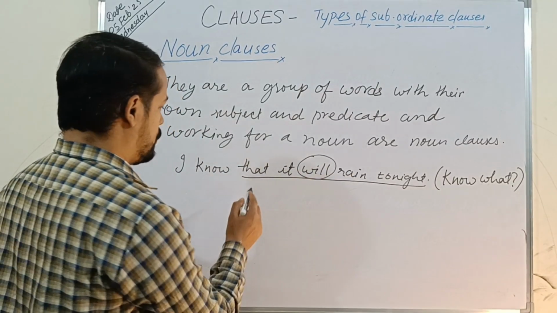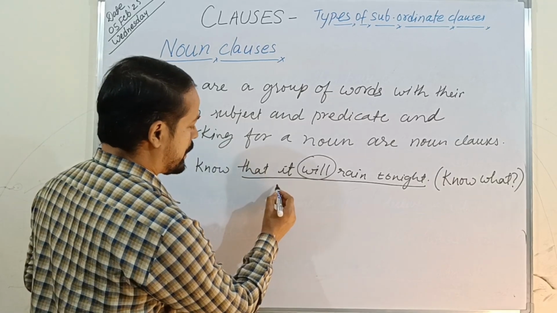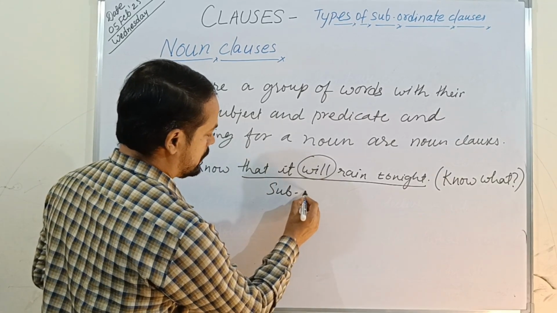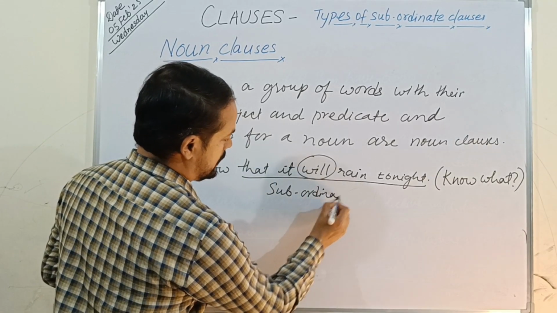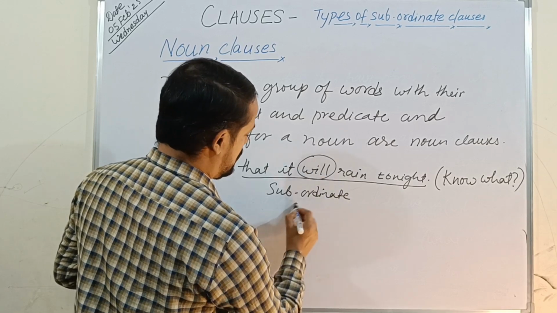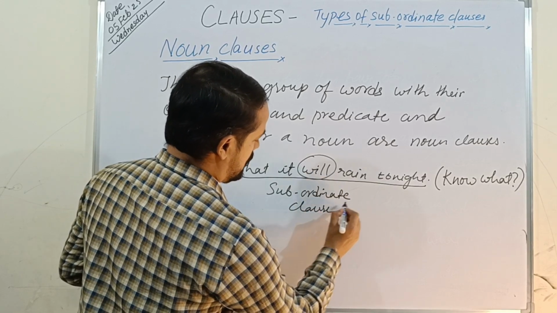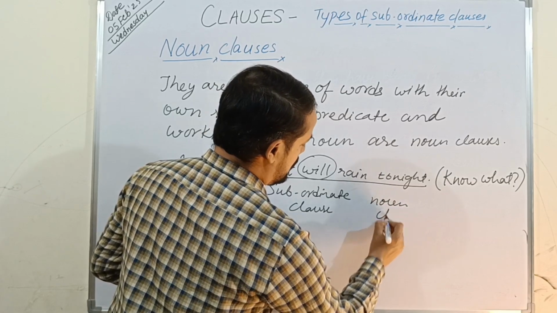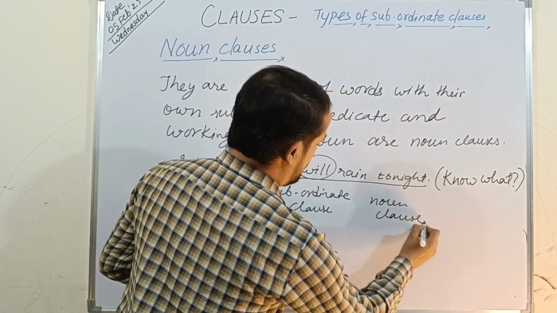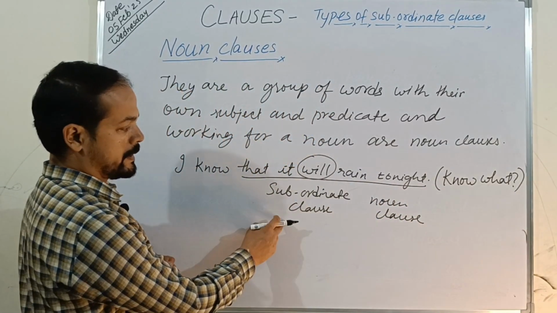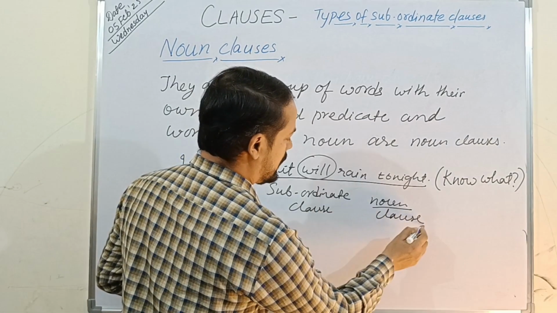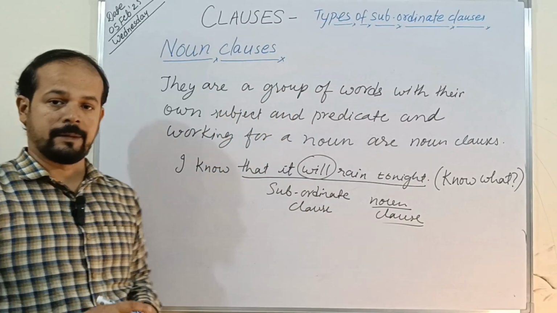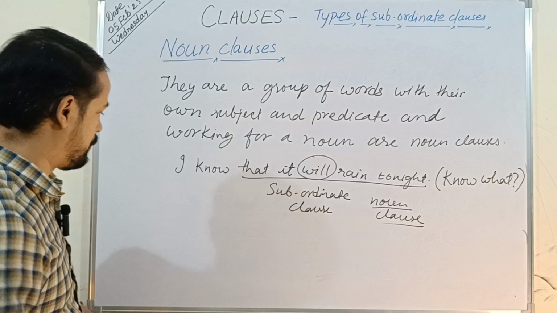So this is a subordinate clause, and it is working for a noun. So it's a noun clause. If we ask what kind of a subordinate clause it is, then we would say it's a noun clause. Some more examples I can show.